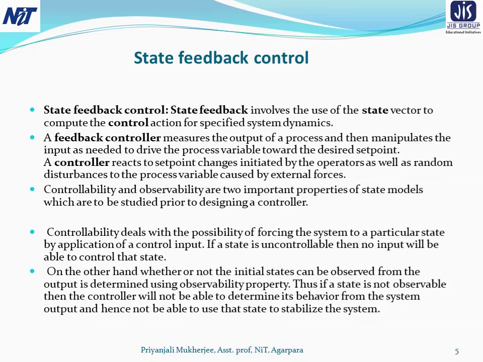On the other hand, whether the initial state can be determined from the output is given by the observability property. If a state is not observable, then the controller will not be able to determine its behavior from the system output, and hence it will not be able to use the state to stabilize the system.